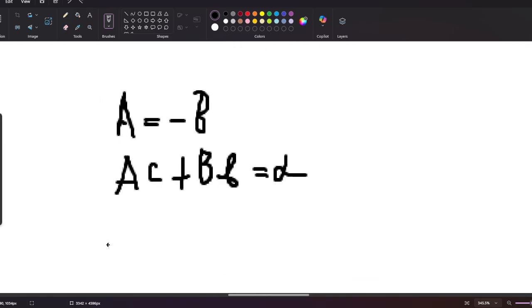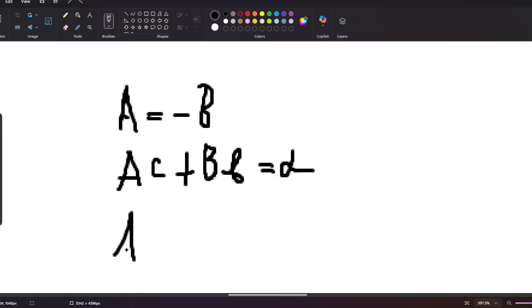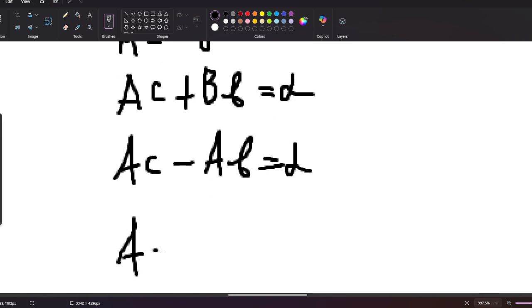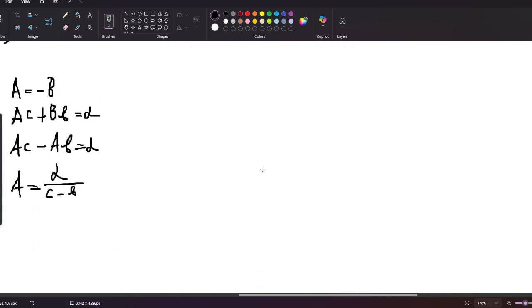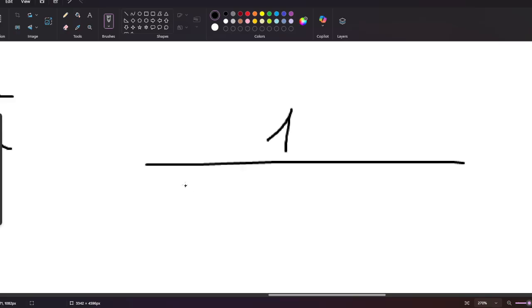Now let's use the substitution that we know of. A times c minus b, minus A b... sorry, A times (c minus b) is equal to alpha. So big A is going to be alpha over c minus b. So we have acquired that. Now let's observe this entire thing.